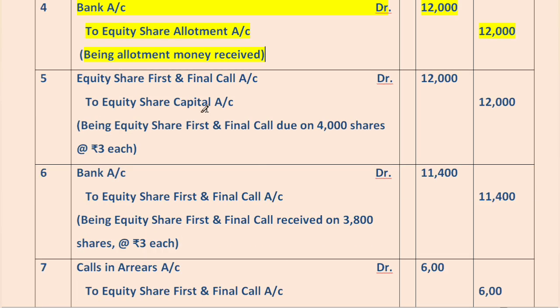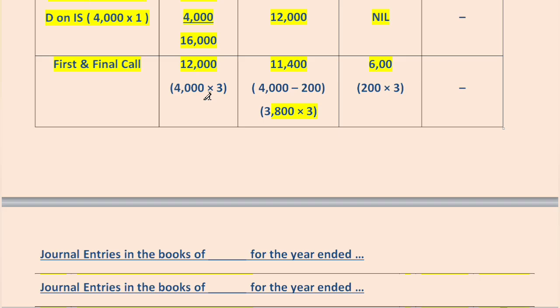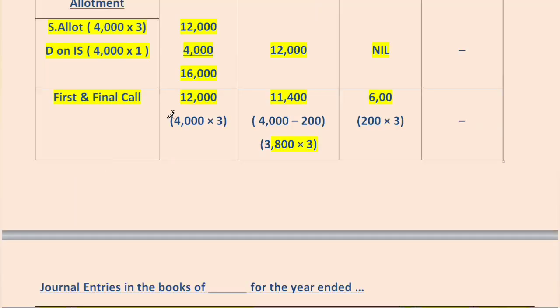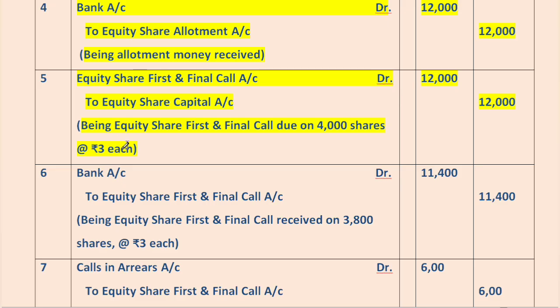Next, go to the next adjustment, first and final call. Equity share first and final call account debit to equity share capital account. How much is due? First and final call money 4,000 into 3 rupees, that means 12,000 due. Being equity share first and final call money due on 4,000 shares at rupees 3 per share.